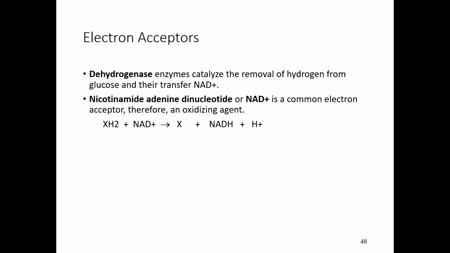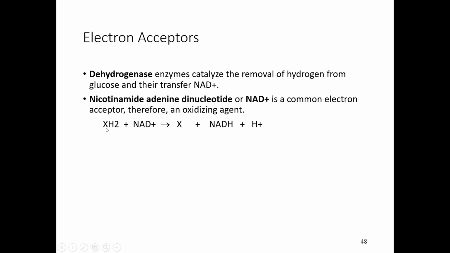Well, this is dehydrogenation. We're taking hydrogens away. These enzymes, dehydrogenase enzymes, will strip the hydrogens away from glucose and their electrons, and transfer those hydrogens to NAD plus, along with their electrons. NAD plus accepts those electrons.